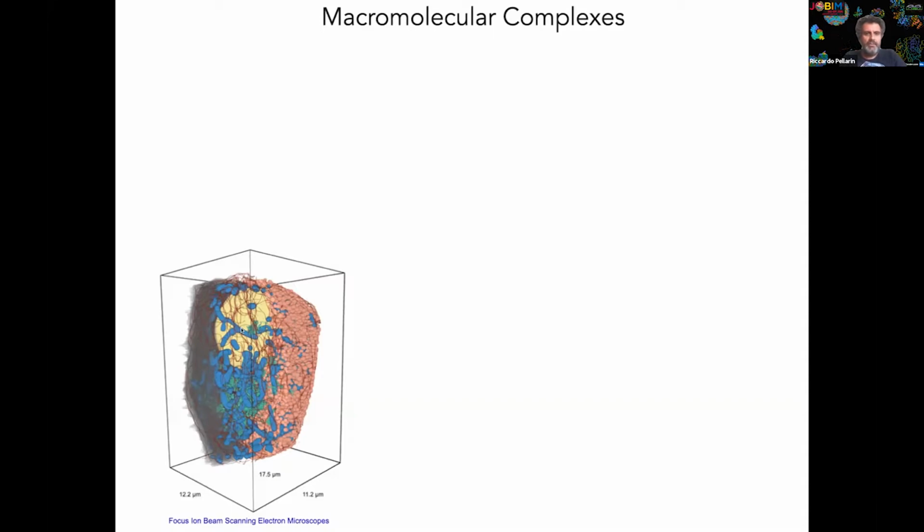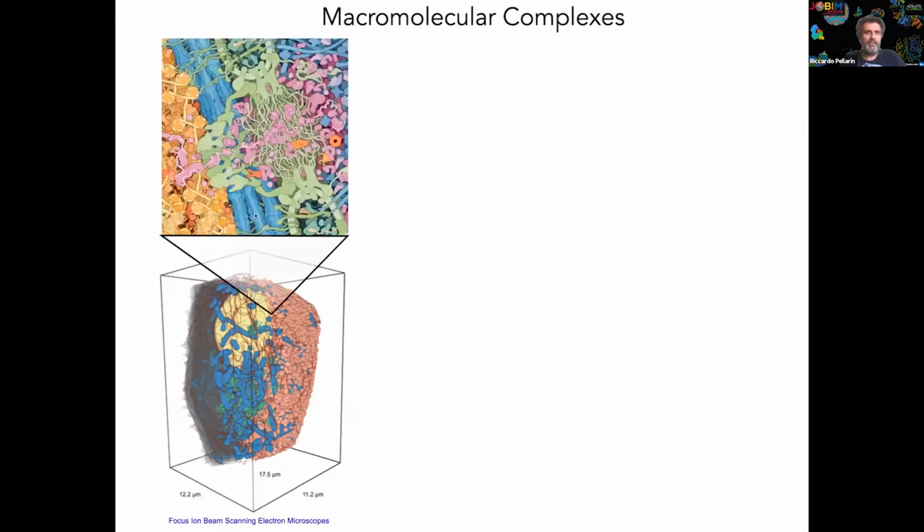Imagine that you can zoom in, if you have a higher resolution in situ microscope. Ideally you can start to see these machineries which work by cooperatively associated proteins and other macromolecules.